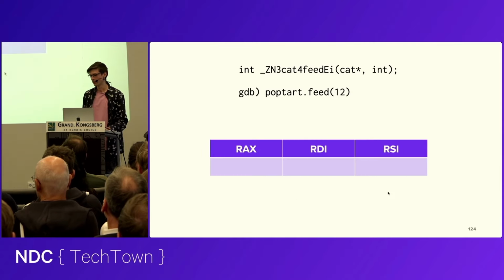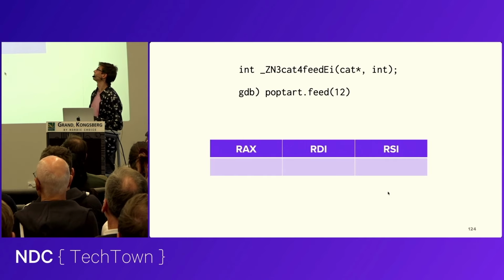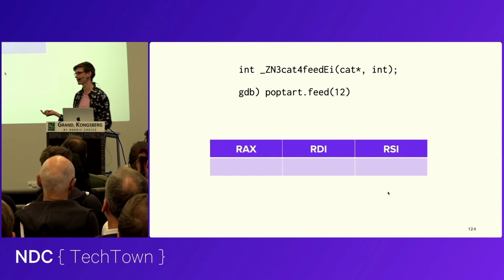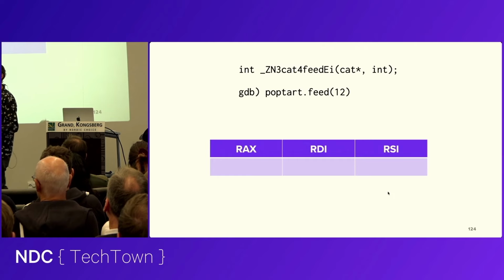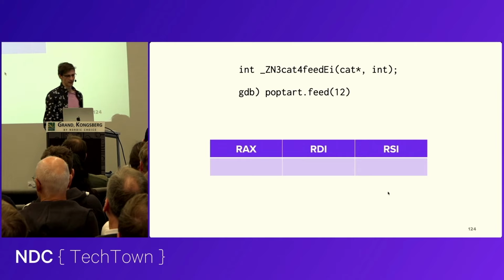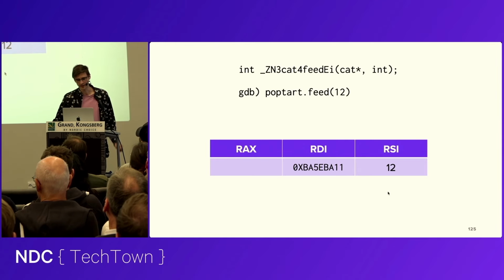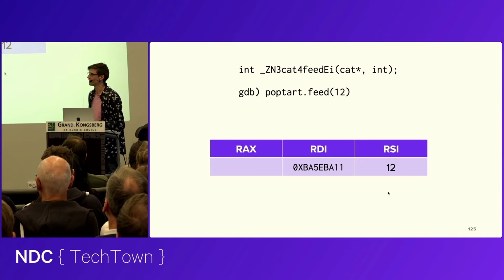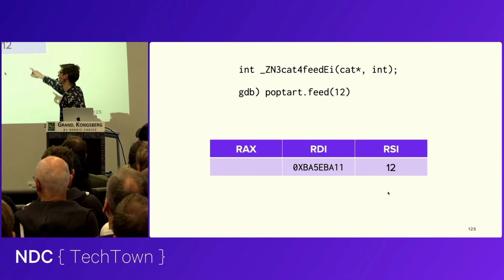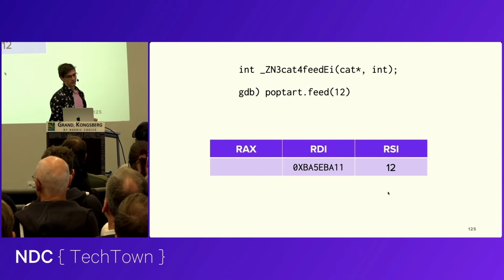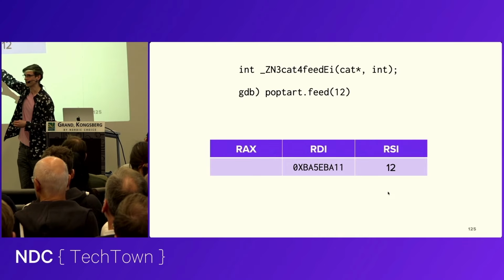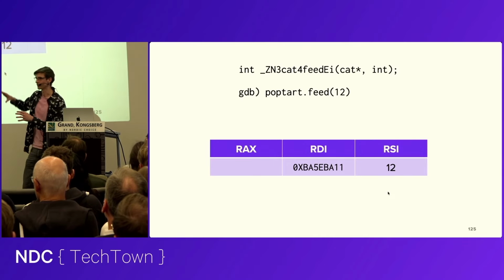So for a fairly simple function which takes two integer arguments, where at the binary level a pointer is an integer for purposes of argument passing, the Sys V ABI says, hey, stick the first argument into the RDI register and the second one into RSI. Then once that's done, our arguments are set up and everything should just work.